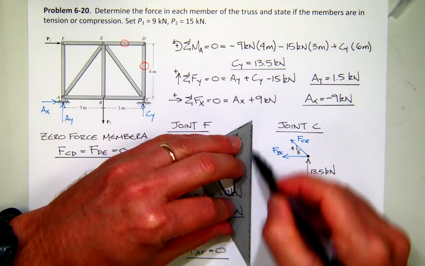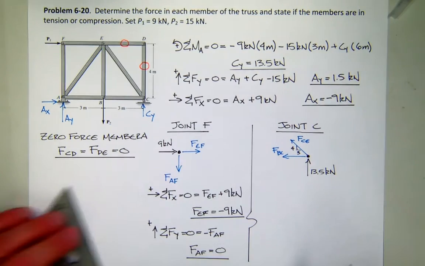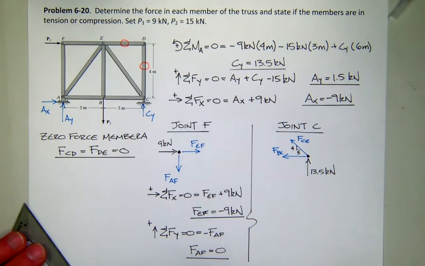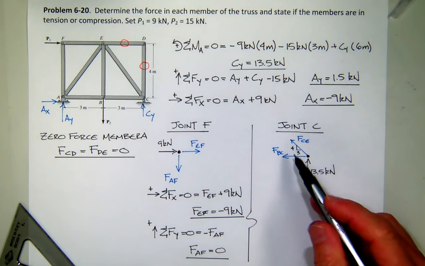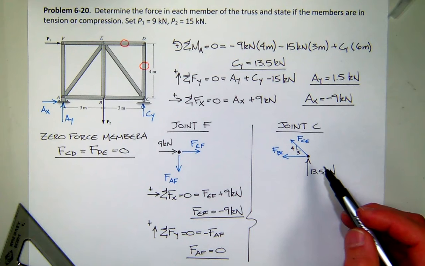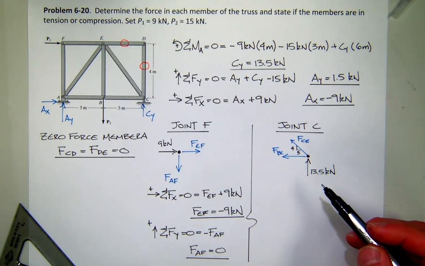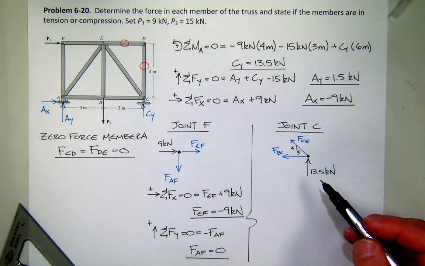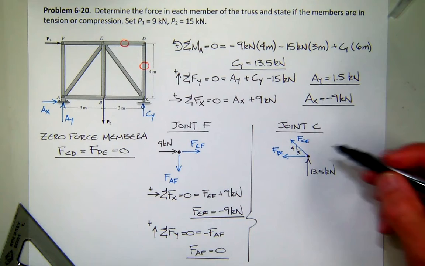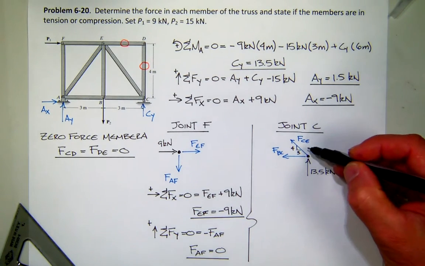Then I'll put a little divider here, and then we'll look at C. Now looking at joint C, should I sum forces in the X first or sum forces in the Y first? Y. Yeah. Only CE has a Y component, so let's do that.